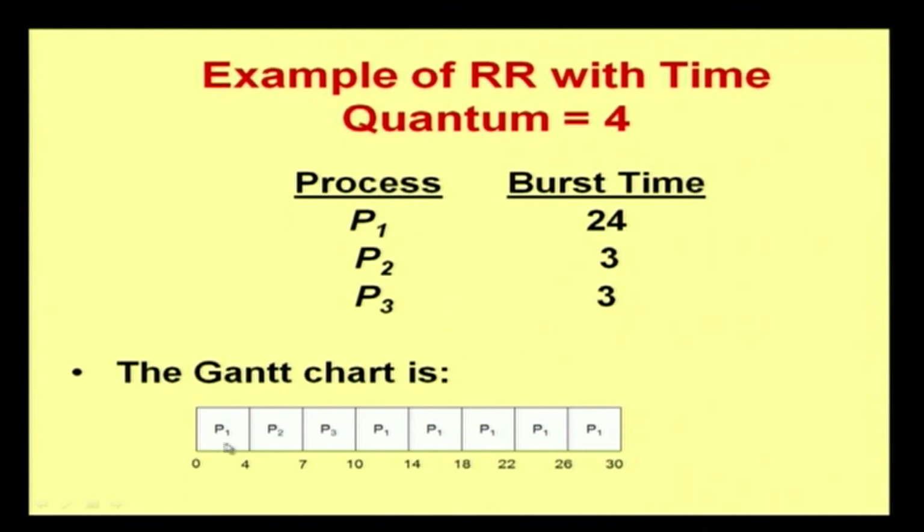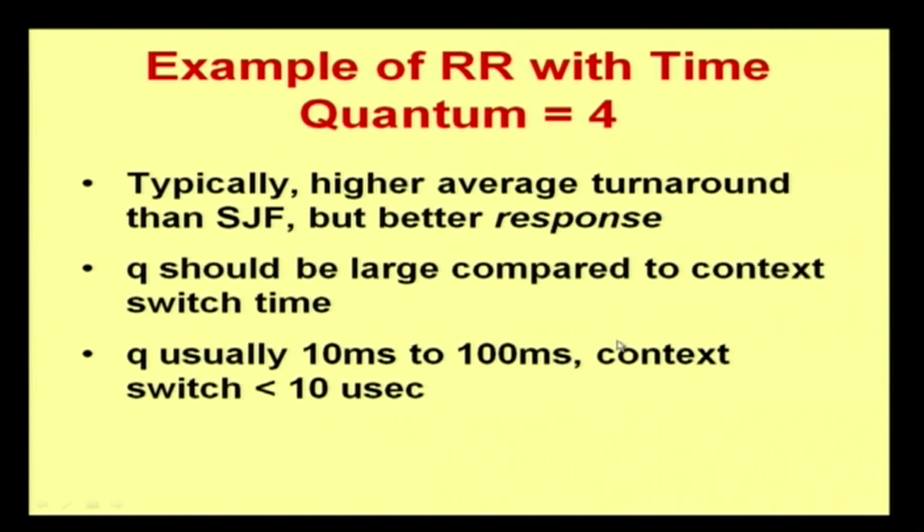All this round robin works only with respect to a time quantum, a time slice. So this Gantt chart shows an example of the round robin algorithm. Then an example of how it works compared with SJF has been given here.